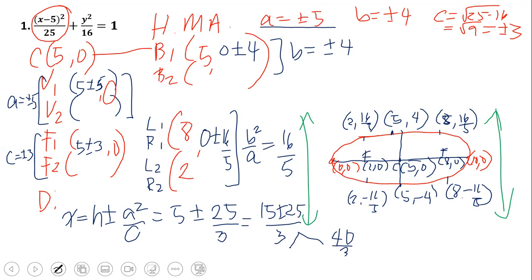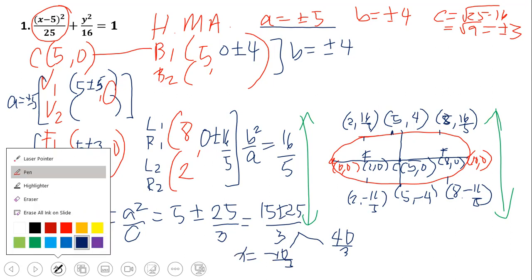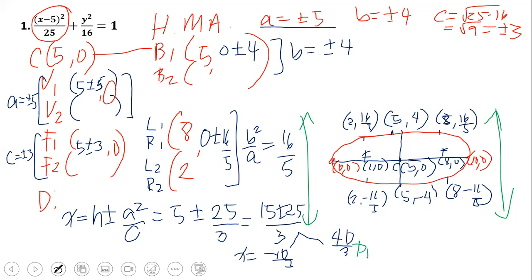And yung isa is also negative 10 over 3. So x is equal to something. So ito yung directrix 1. So locate natin. This is directrix 1, and directrix 2. So directrix 2, directrix 1. And we're done.